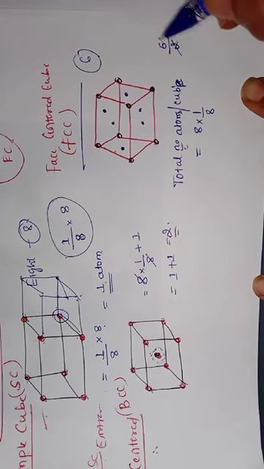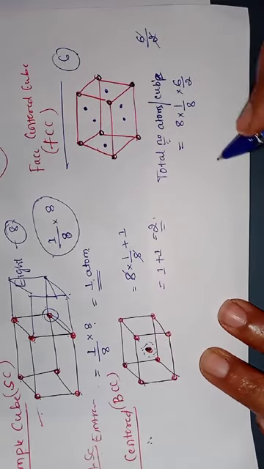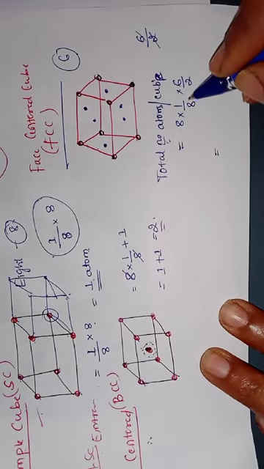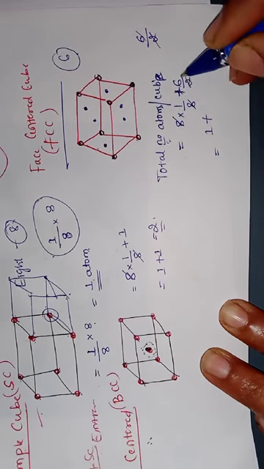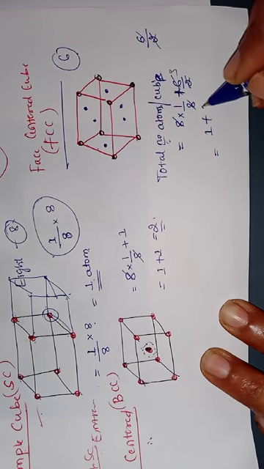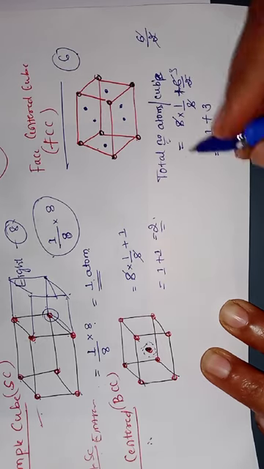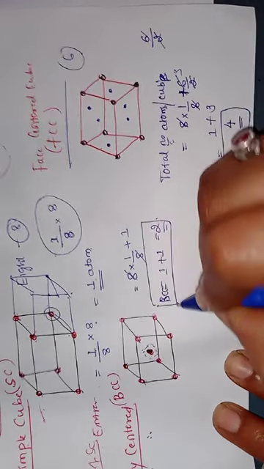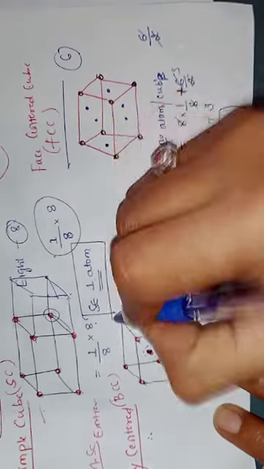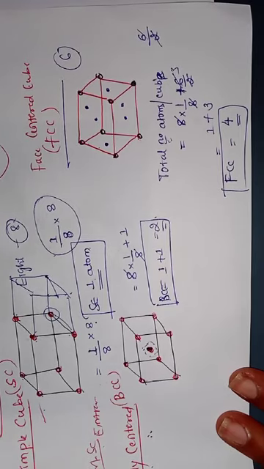So we get 6 by 2, which is 3. So total is 8 times 1/8, which is 1, plus 3. So the total number of atoms in the face centered cube is 4. FCC is 4, BCC is 2, and simple cubic is 1 atom.